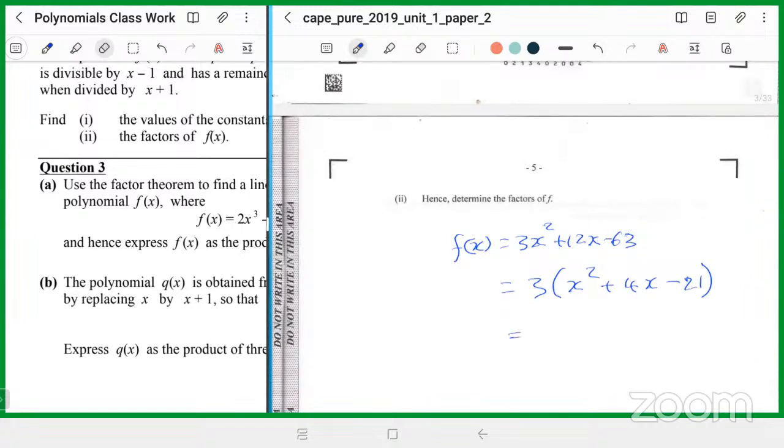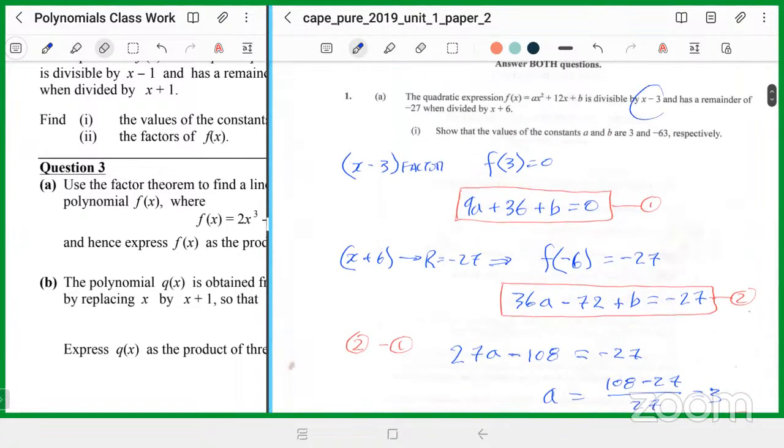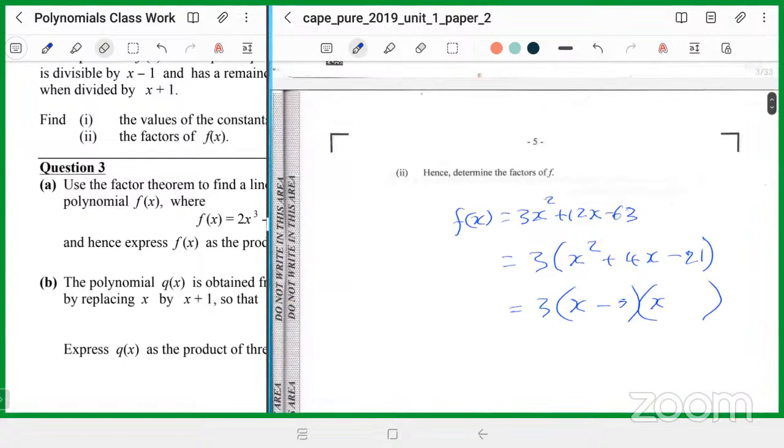And let's see now. 3, bracket, bracket. So x and x. Number one was minus 3, so it's minus 3 and plus 7. So it's x minus 3 and x plus 7. Yeah, correct. That is it. So those are the factors. You have to factorize the 3 right there.